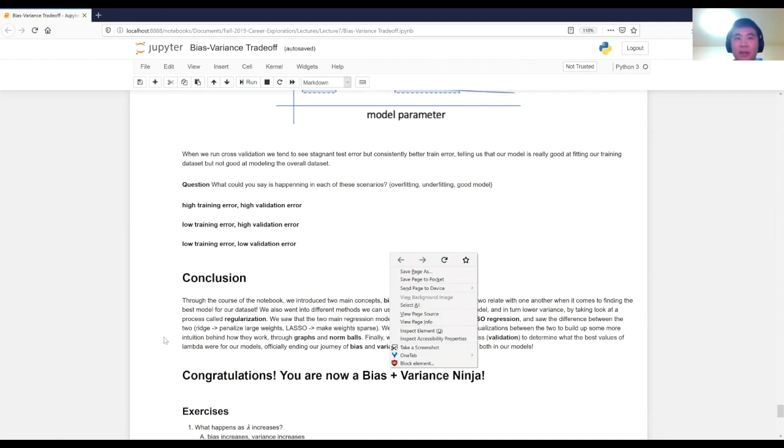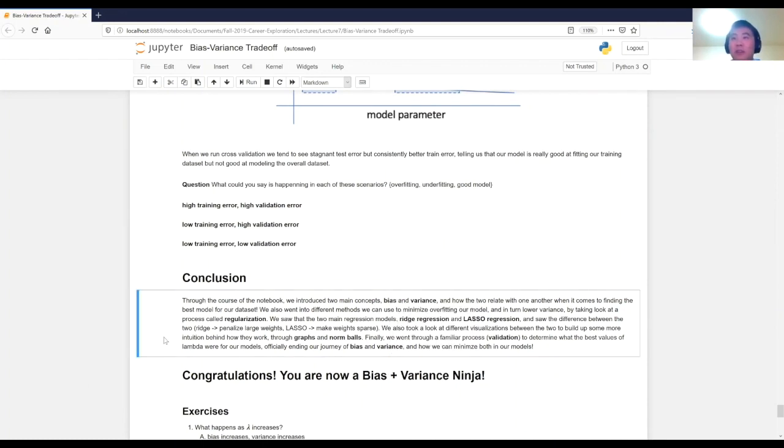So, as a brief recap of our lesson, we've introduced two general problems with machine learning, which are bias and variance. And you have to control each of them. And oftentimes the best models have a combination of low bias and low variance.